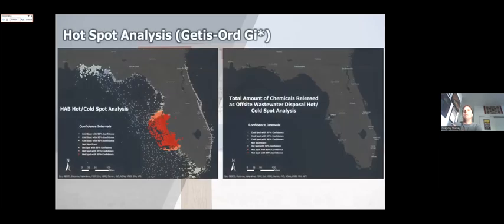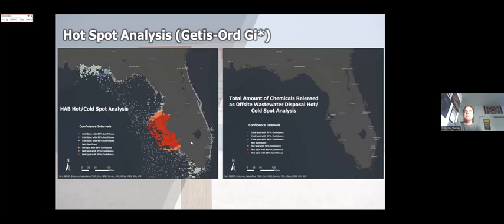So for my results, I'll first go over hotspot analysis, showing HAB hotspot analysis on the left with each variable on the right. So here we have our hotspot analysis for HABs. And as I mentioned before, each point for cold or hot will get more blue or redder with each confidence level increasing.